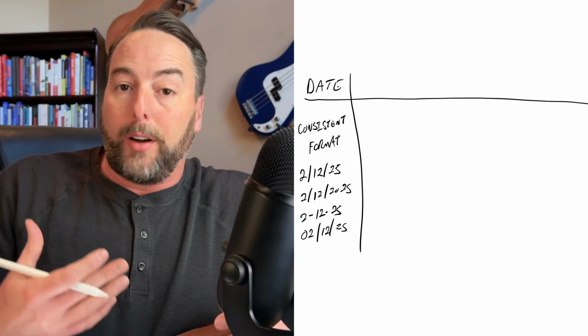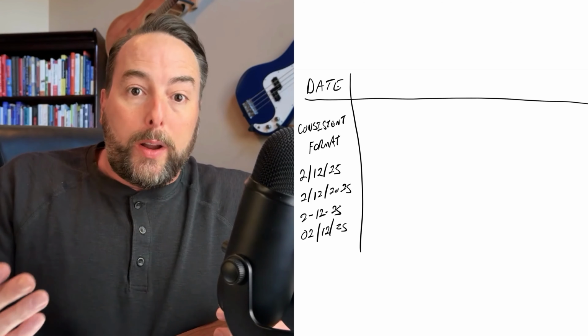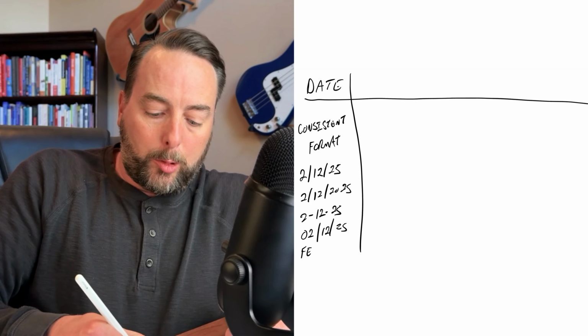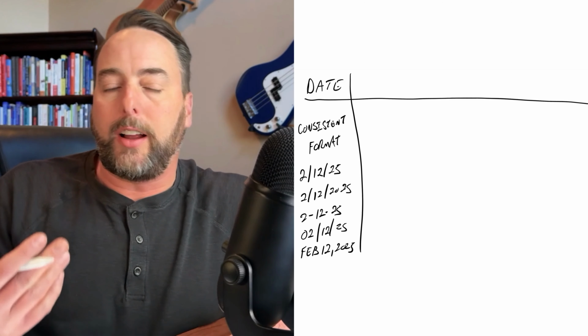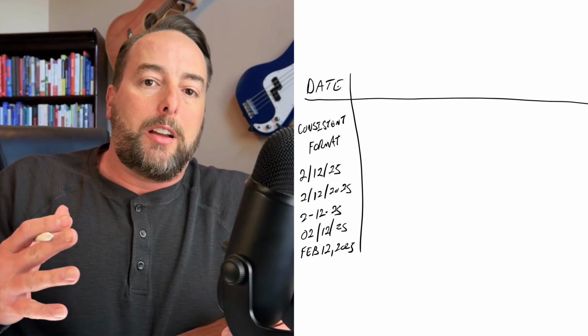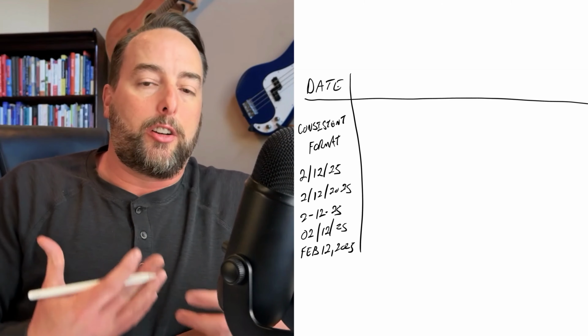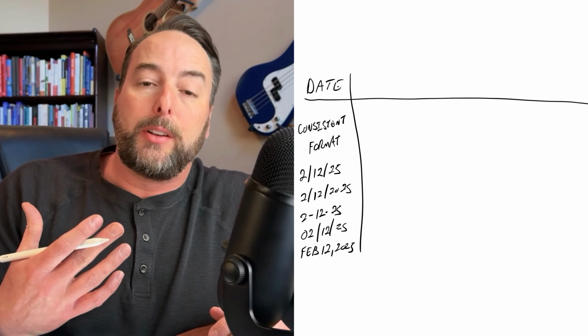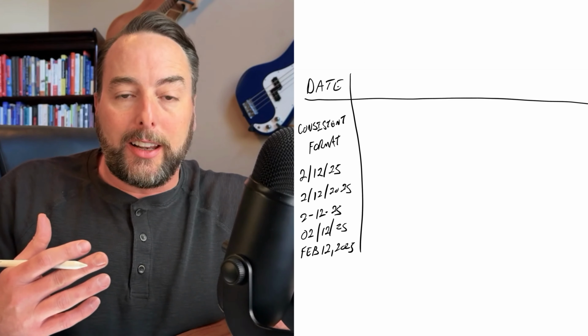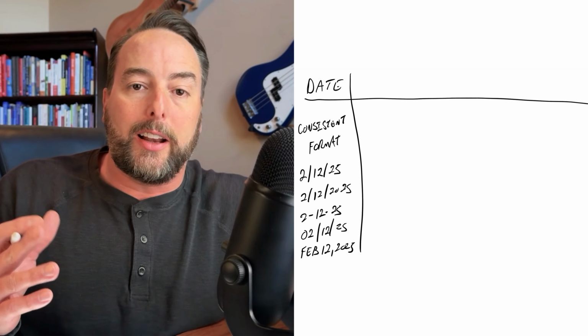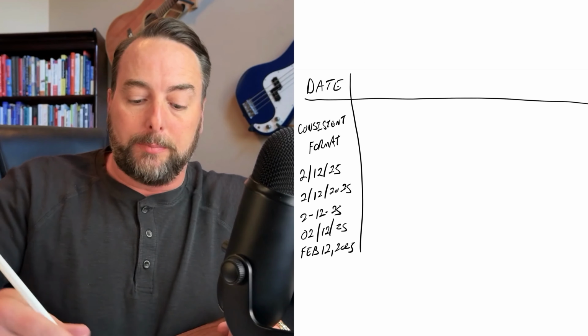All of them are great, but if I go between them, or even do like a February 12th, 2025, right? All of these are fine, but none of them are consistent if I'm using them interchangeably. And so what happens is when the attorney goes to search for a date, he's not going to be able to find all the dates because they're all over the place in the formatting. So pick a format and stick with it.